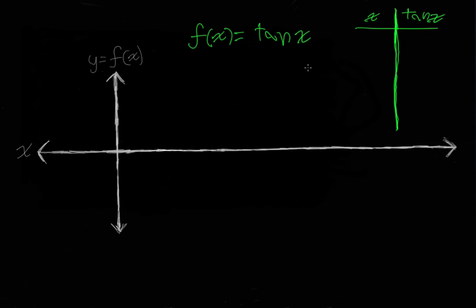So let's start at 0 as always. What is the tangent of 0? Well, tangent, as you know, is the opposite over adjacent, right? It's the ratio of the far side to the near side.